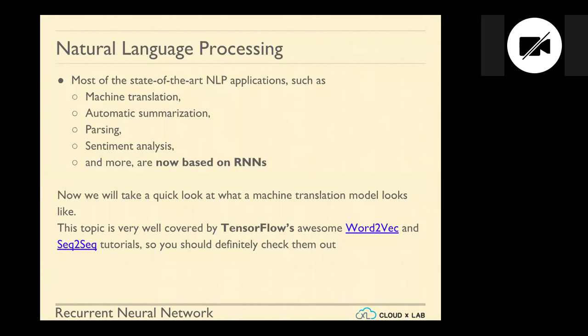So the sequence to sequence that we talk about here is essentially used in translating one language into another. translate.google.com is now based on sequence to sequence. This change has occurred in the last 1 year.